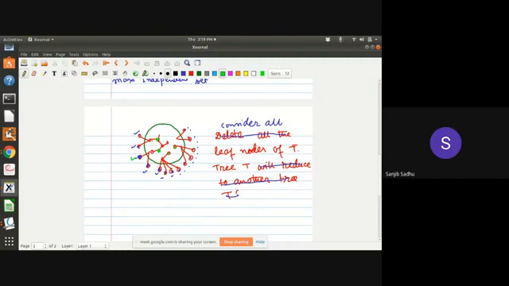If I select this parent node, then the parent node and the child node are connected, and it should be an independent set, means the two vertices should not be connected. That's why I'm saying don't select its parent, but select the grandparent. And in this way, again its grandparent will be selected like that.